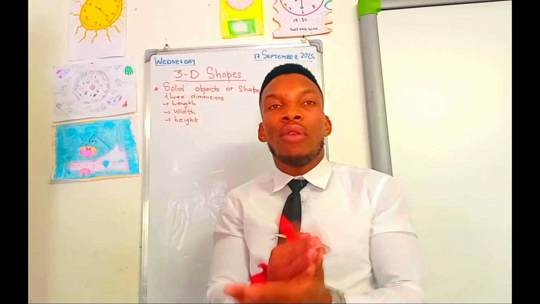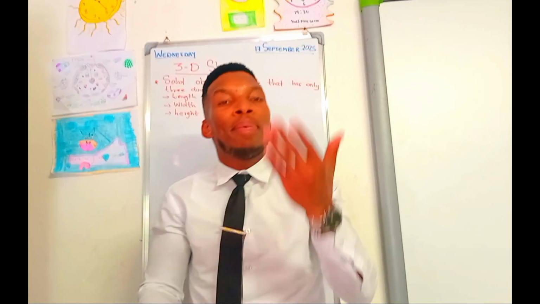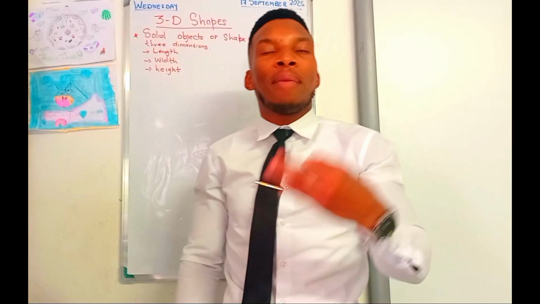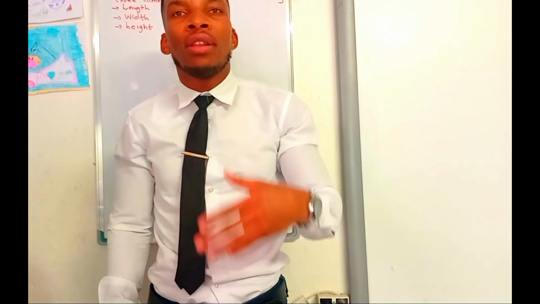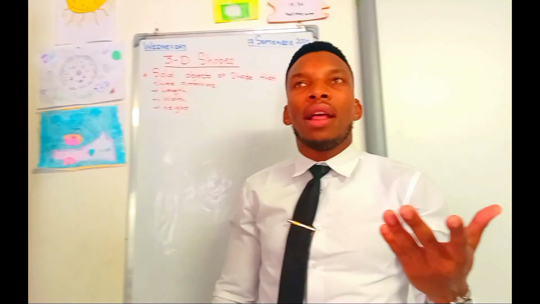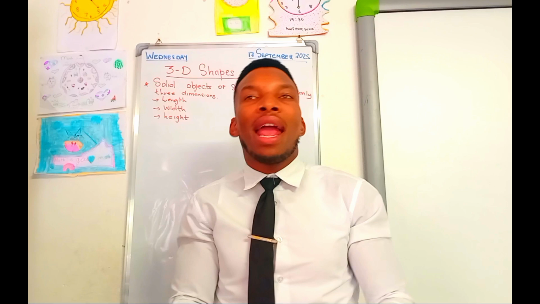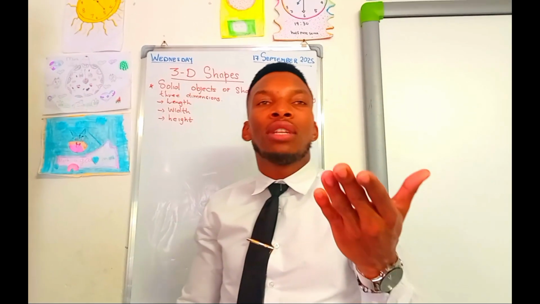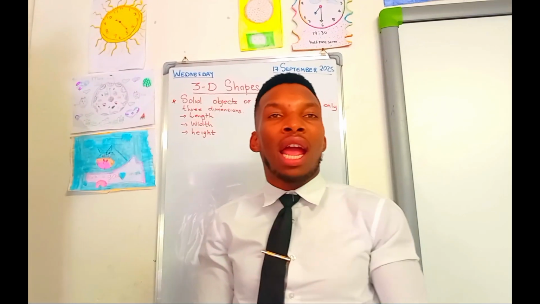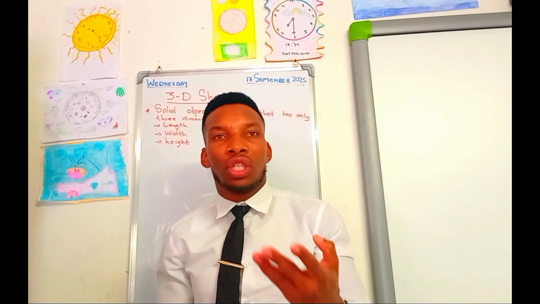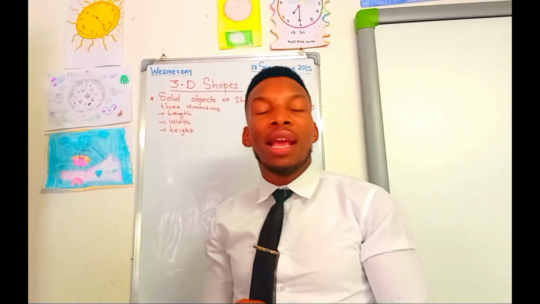For example, we have a square, a pentagon, a hexagon, all those shapes that have equal sides as well as equal angles. The triangle which we call the equilateral triangle is a regular shape because it has equal angles as well as equal sides.